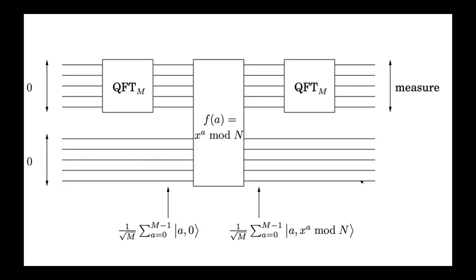You either measure the answer output of f, or remember, you can always discard it. That's the same as measuring it. So you discard it, and what you're left with is this periodic superposition on the first wires. You put it through the quantum Fourier transform, and you measure.